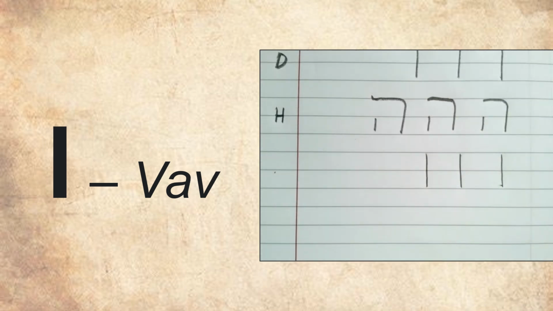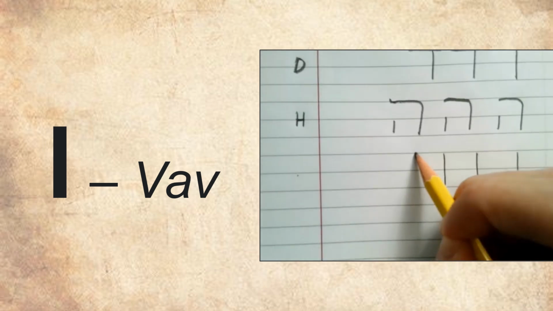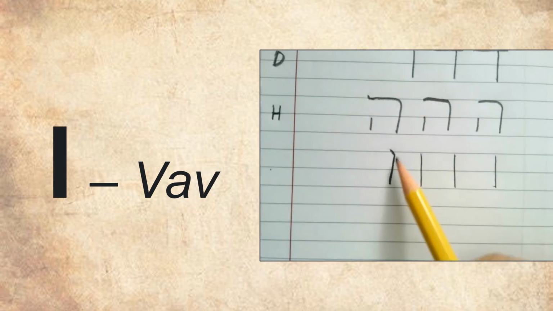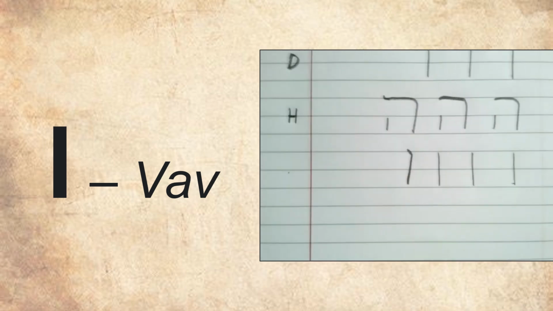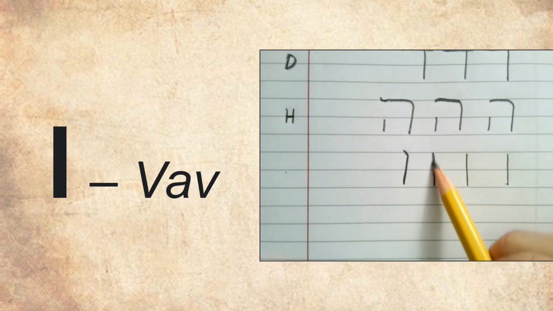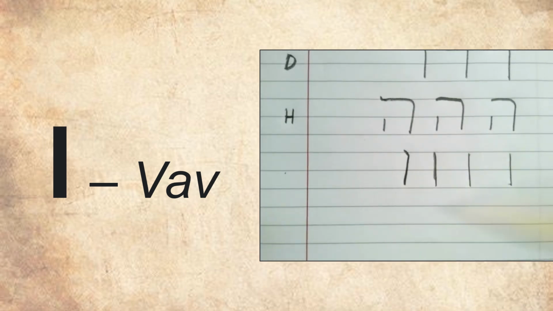Some people write it like that. I actually got used to it as well, so my Vavs look more like this. But that is more just when you're writing with a brush or a calligraphy pen. But if you're just writing with a pencil, then this will do, as you see on the example as well. That is an acceptable Vav if you're just writing it with a mere pencil.